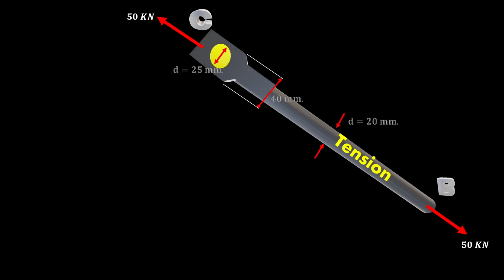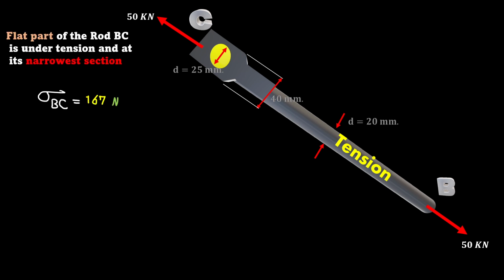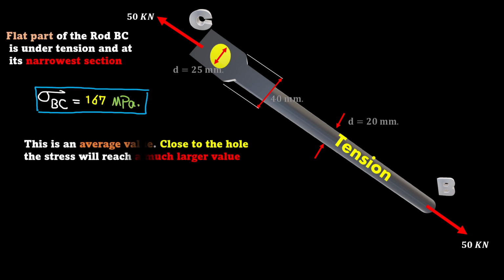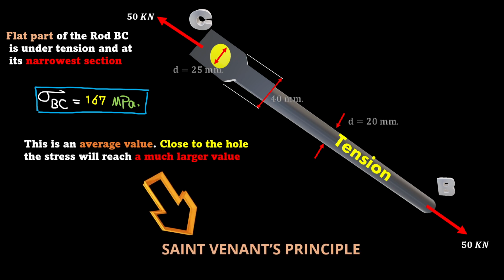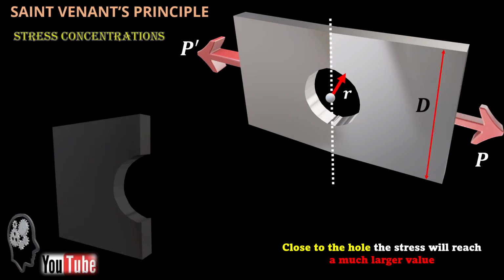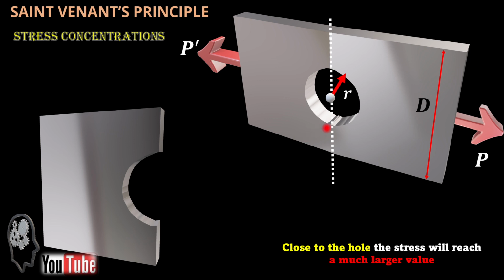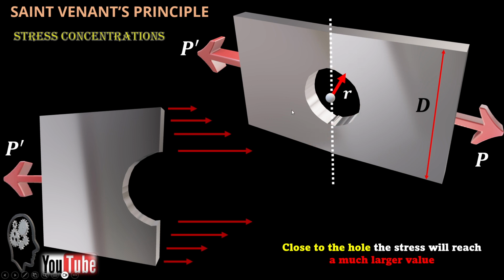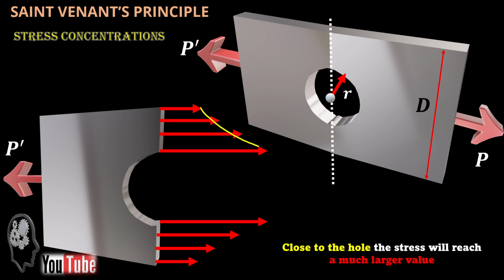So let's see what that is. This is an average value. Close to the hole, the stress will reach a much higher value, and that's due to Saint Venant's principle, which says that if we have a hole inside our plate, the distribution of the stress is like this.